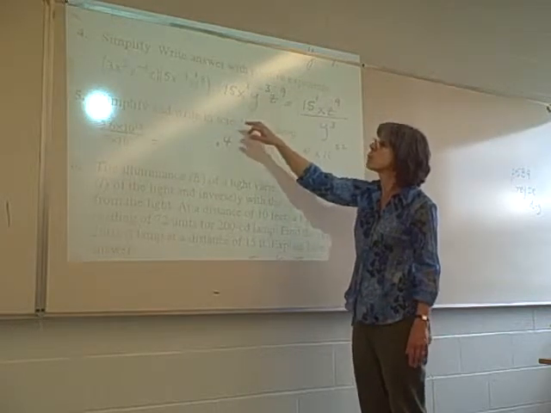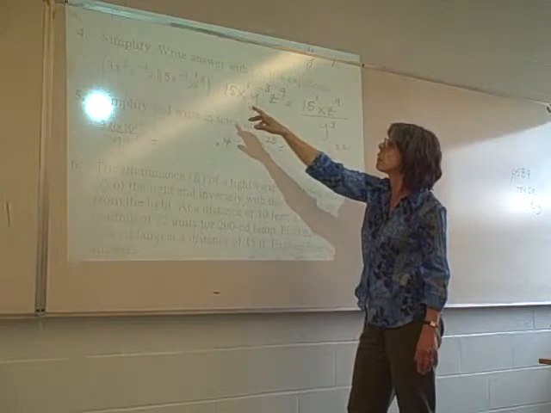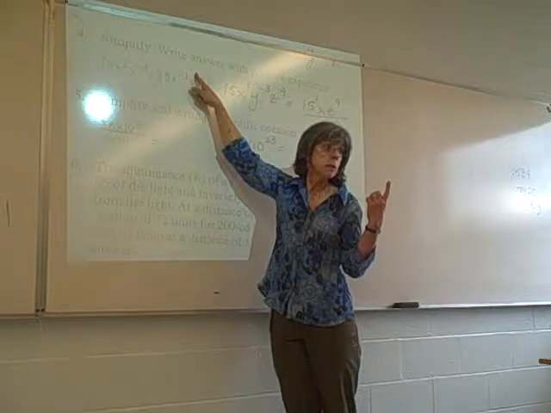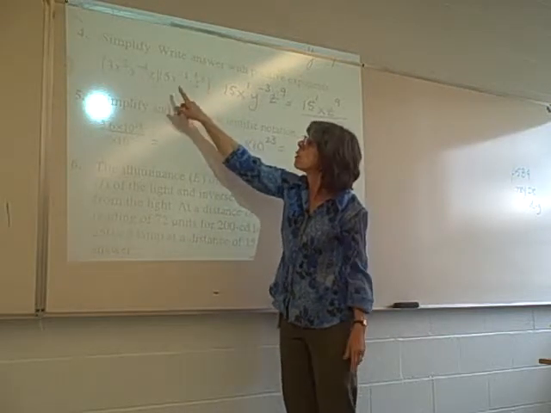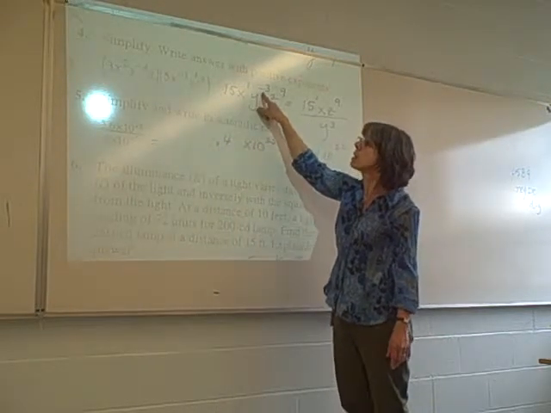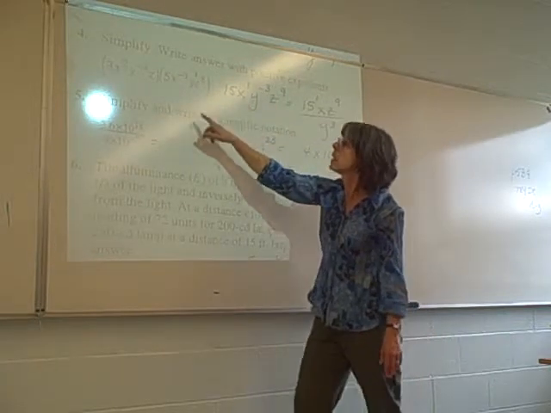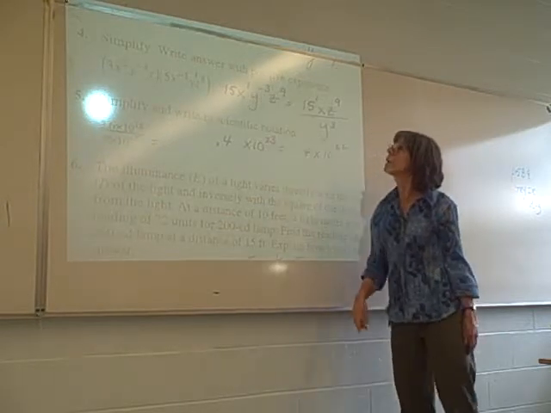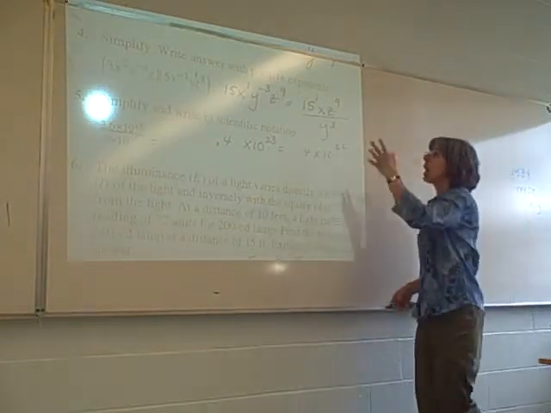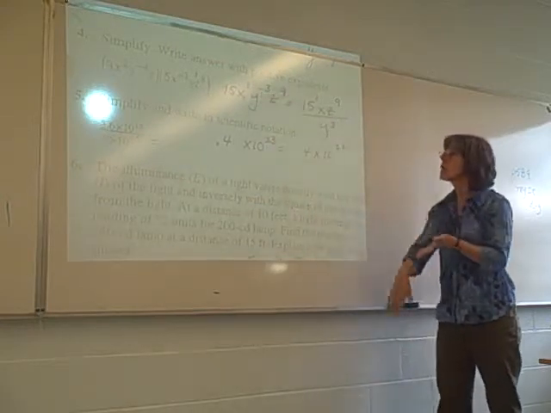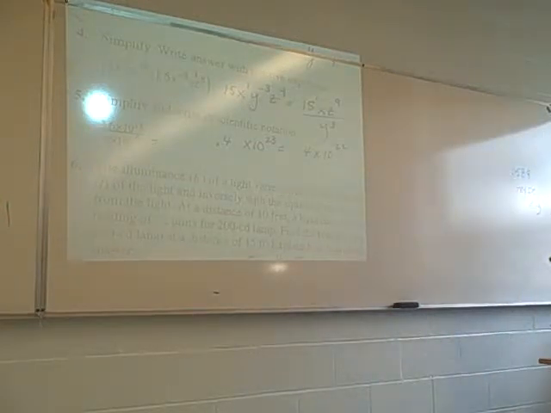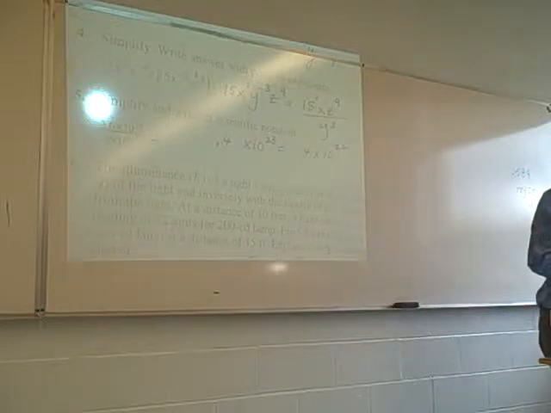Negative 2 plus 1 is negative 1. y to the negative 4th, and y, there was no number there, but if there isn't an exponent, the exponent is 1. So y to the negative 4th times y to the 1 is y to the negative 3. z to the 1 times z to the 8th is z to the 9th. But the directions were to write it as a positive exponent. A negative exponent is telling me I have a small number and I can just move it down, so that would be y to the 3rd. Everybody okay with that?